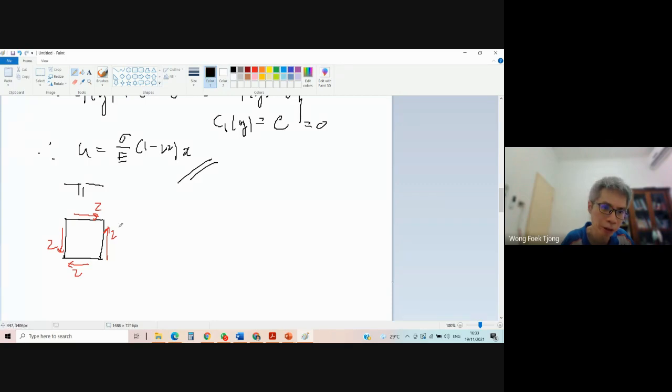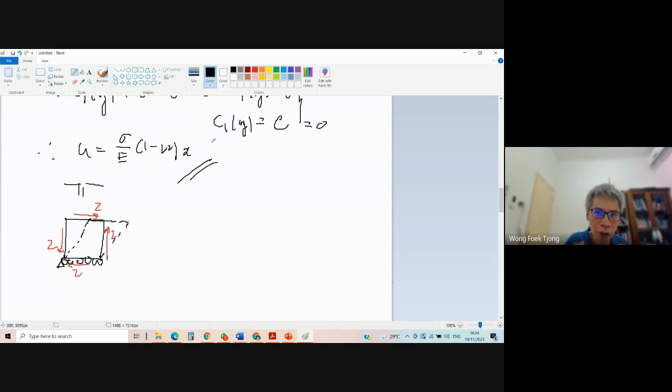I mean, the boundary condition is like this: roller, and this is hinge. So the deformation pattern, we can expect that the deformation will be like this, right? Because of pure shear. That's the expected deformation of the pure shear because of this boundary condition.